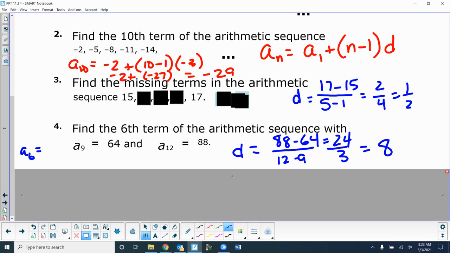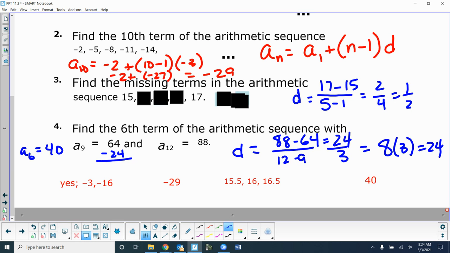So what I do is go 8 times 3. We're back to 24, right? And I subtract 24 from 64 because I'm on the other side. What's that? 40. So the sixth term would have been 40. Okay? That makes sense? Can't use 3 because it's 3 spots away. Yes, 9 minus 6 is the 3, yes.